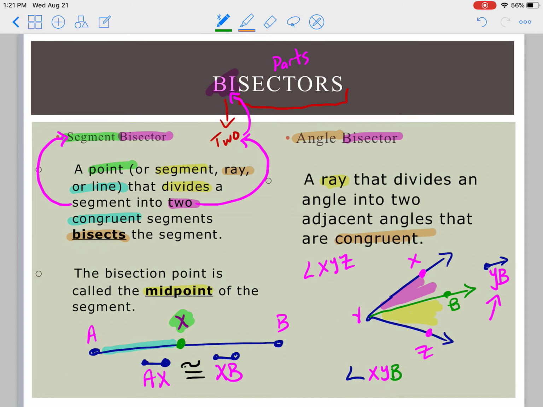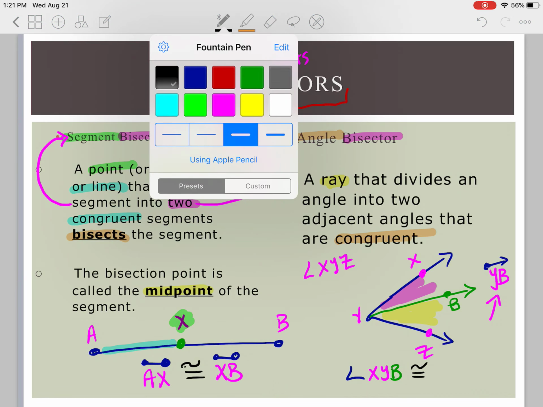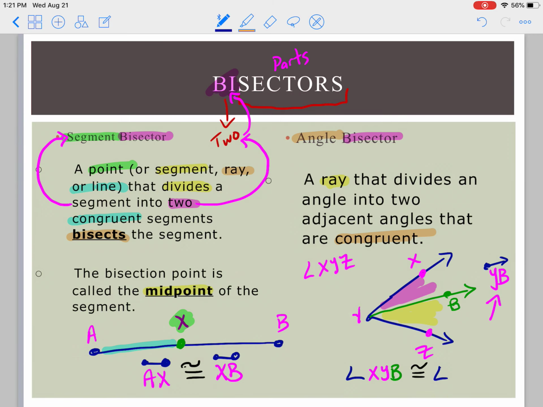Symbol for congruent, same symbol. If angle XYB is congruent to my second angle, angle BYZ, if those two angles are congruent, then I can say that ray YB is an angle bisector.